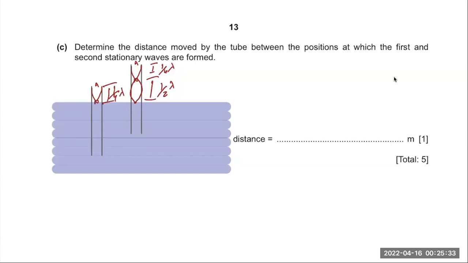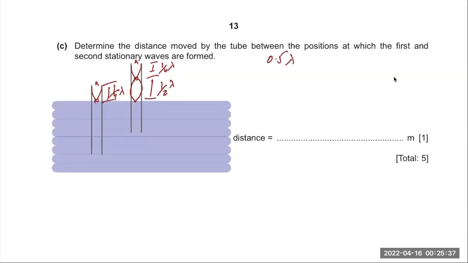The difference is 0.5 lambda. That is how much it has moved further out. So 0.5 times whatever the wavelength was, which is 0.64, and you get 0.32 meters. That is our answer. It's a 1 mark question.